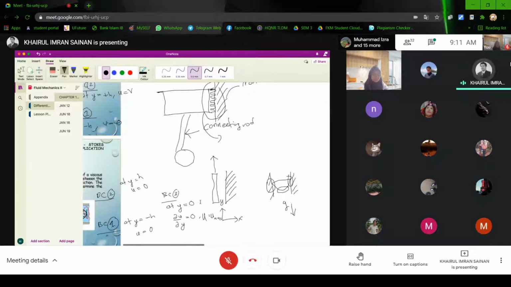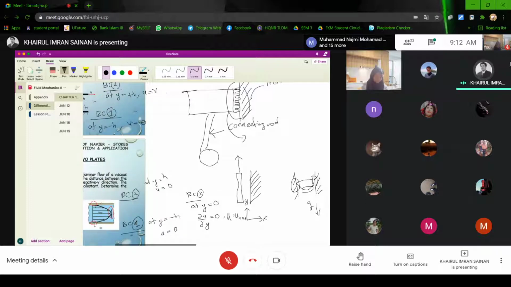And also what happens when you have the same concept but apply it on the vertical. So there will be a gravitational effect. You're going to have almost similar boundary conditions, for example this one, 1, 2, and 3, similar to this one, 1, 2, and 3.